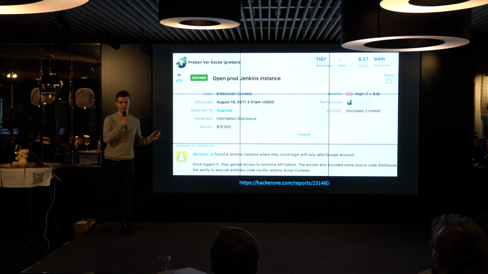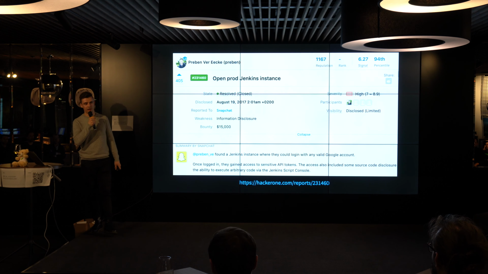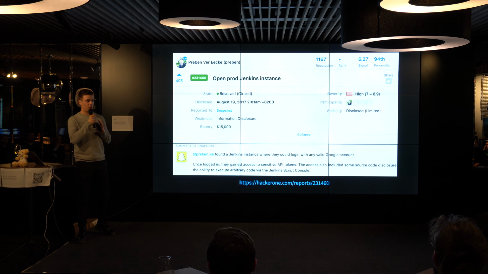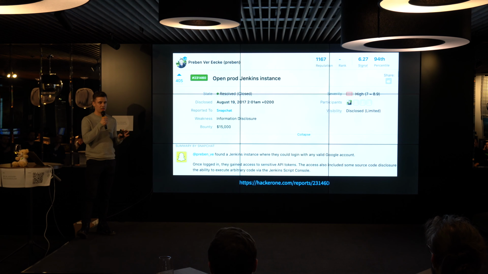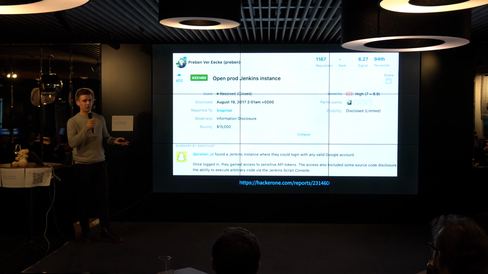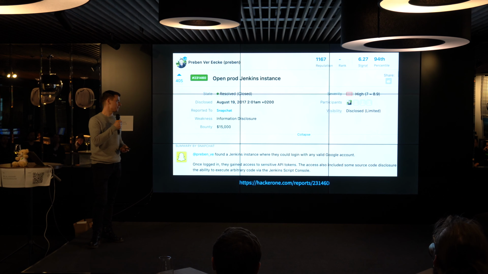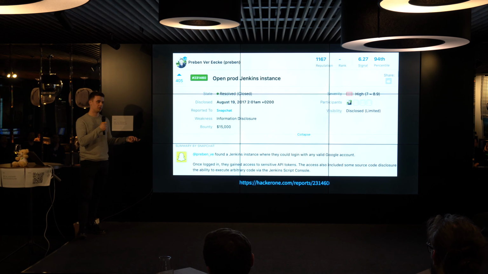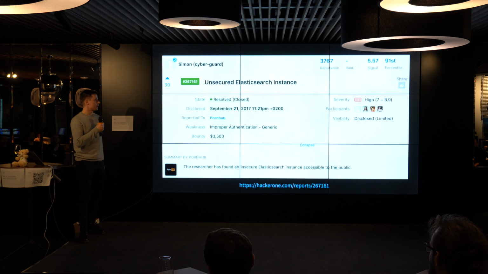Those are examples from HackerOne, where there is a huge number of reports whose whole point is that someone went to a URL and noticed that there is no authentication, or that the authentication allows any Gmail account. And as you may imagine, some of them might be pretty severe. In this case, they misconfigured a Jenkins instance to allow any Google account and paid 15K for that.